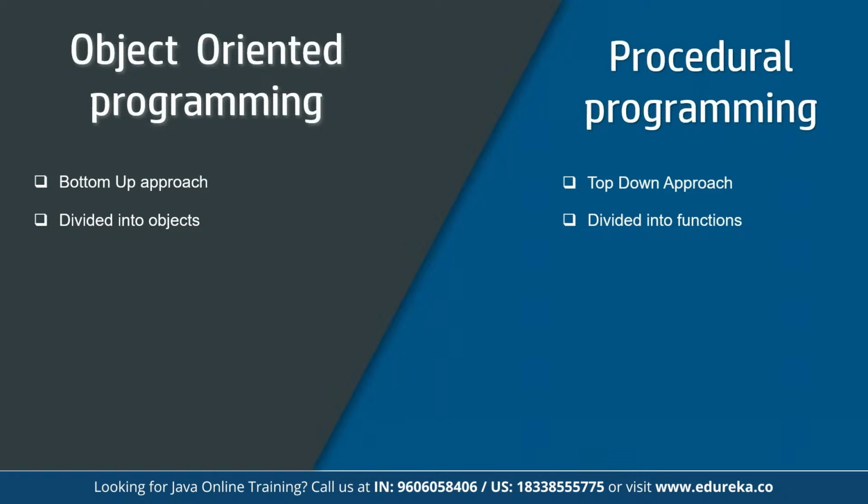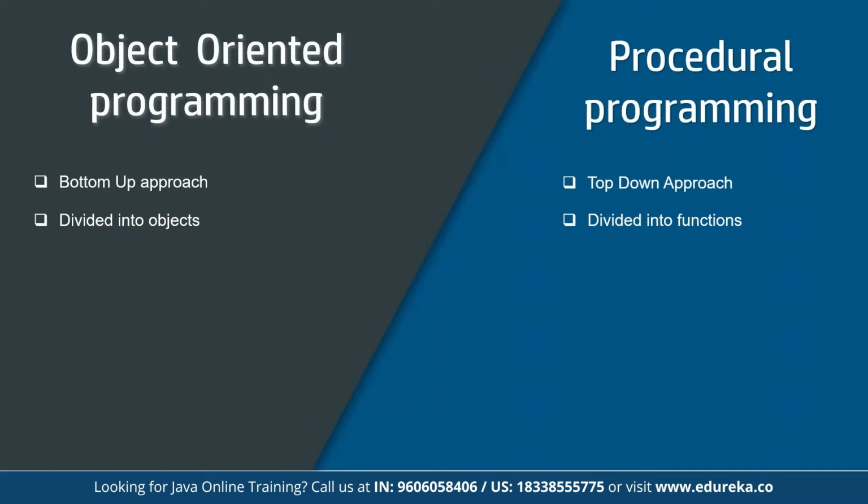Object-oriented programming is focused on objects because each and every component is divided into different objects, whereas in procedural programming everything is divided under functions.